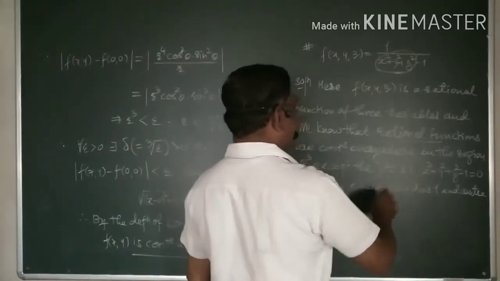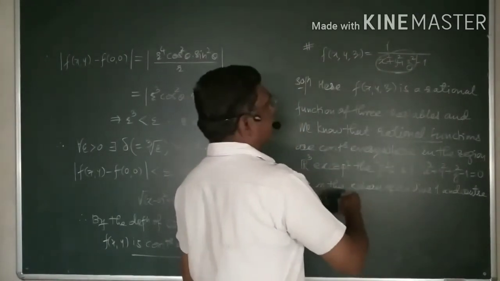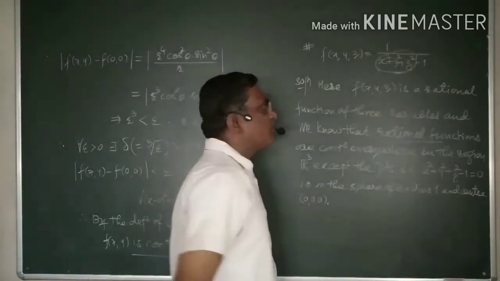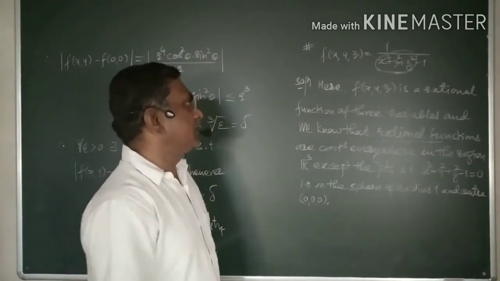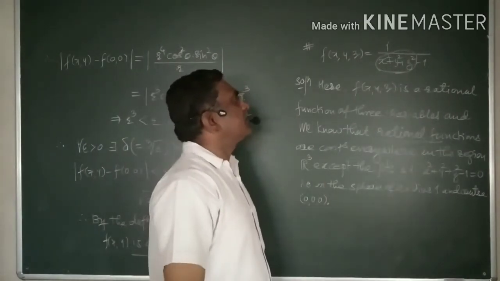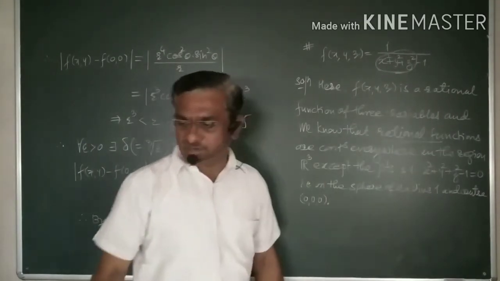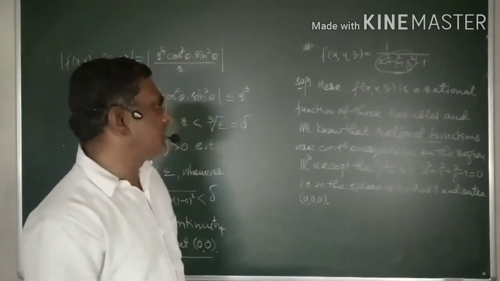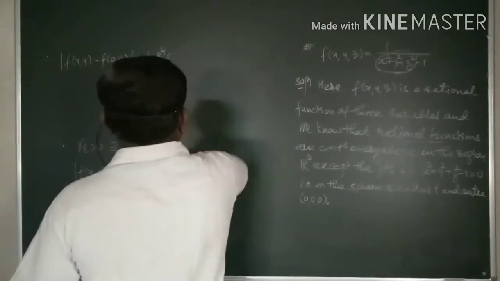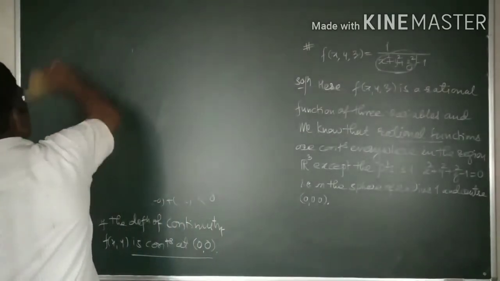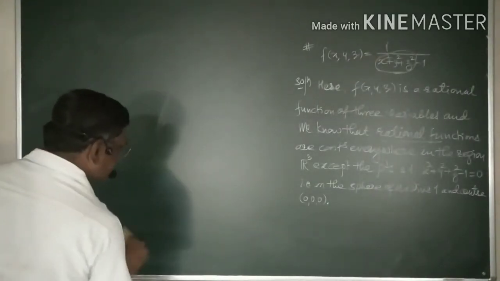If the point lies on this sphere, then the function will not be defined. Except on the points of this sphere, the given function is defined, and as it is a rational function, it is continuous on the entire region R3 except only the points which are on the sphere.